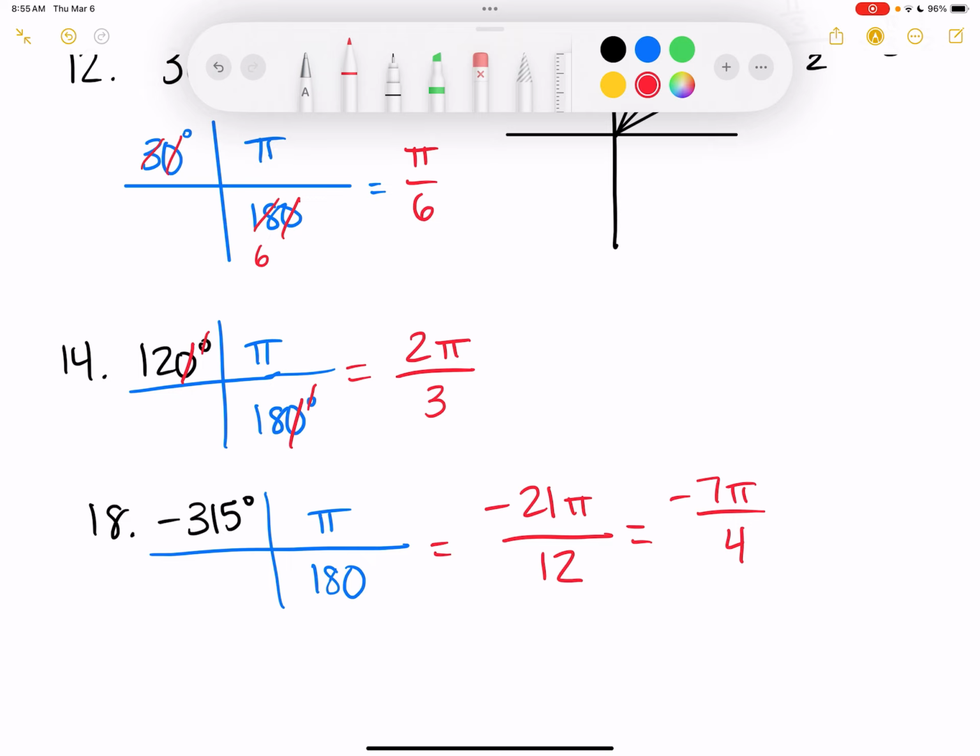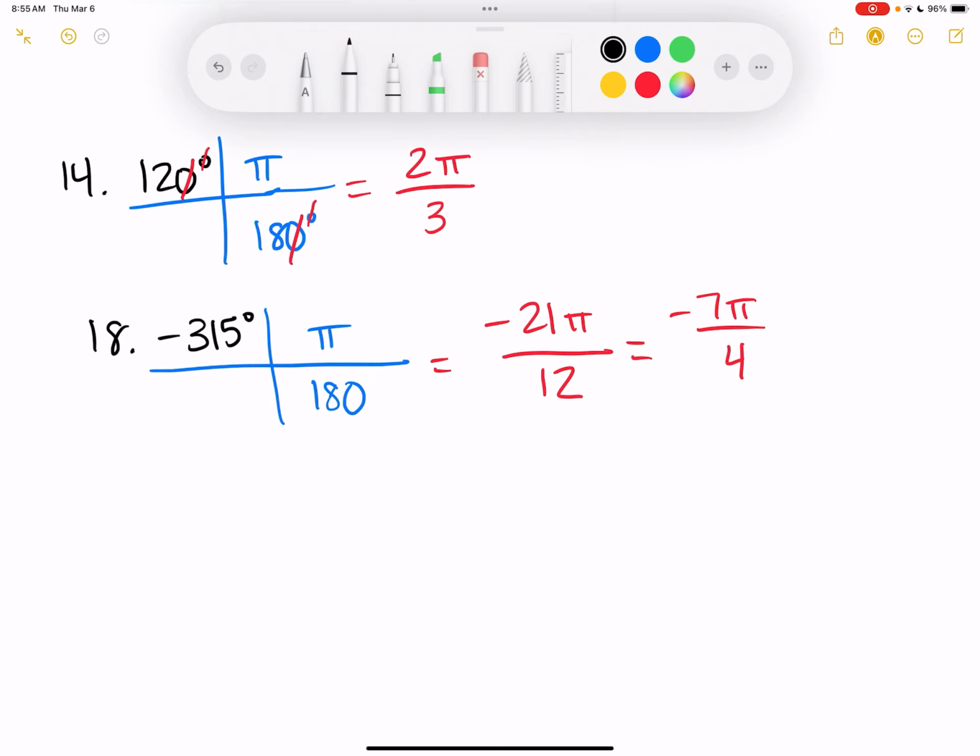I'm going to make up one that would not be on our unit circle. 250 degrees. So, again, pi over 180. So I can take off the zeros from here.